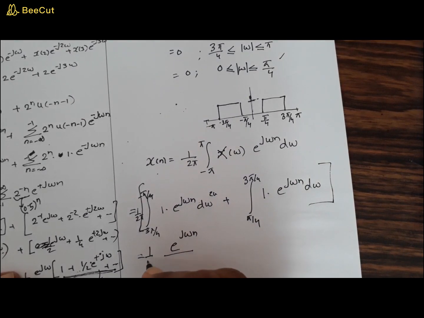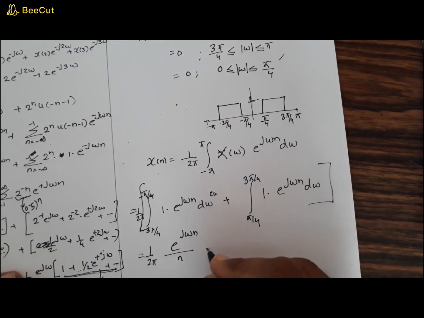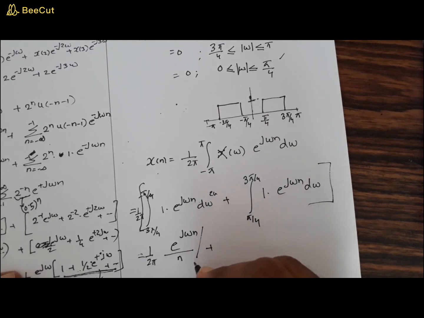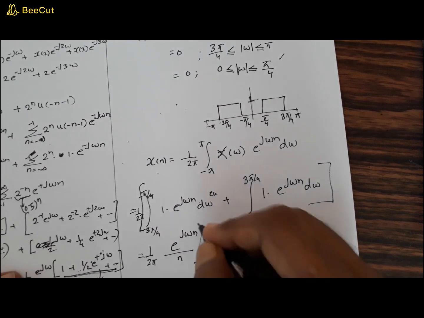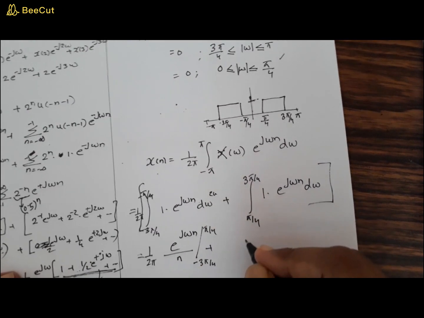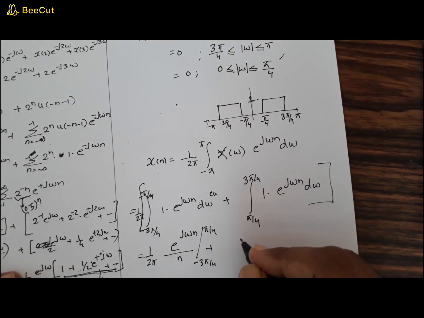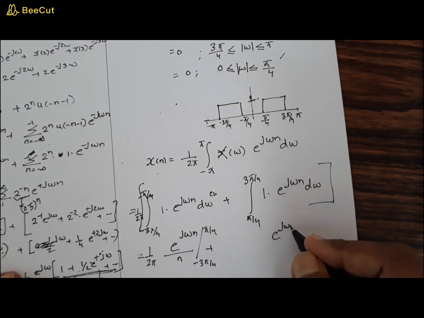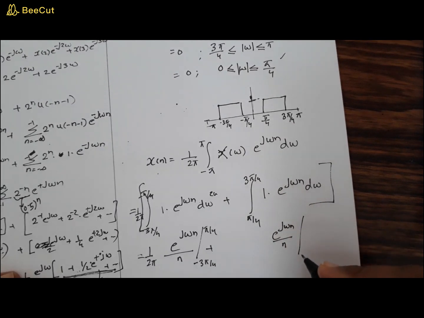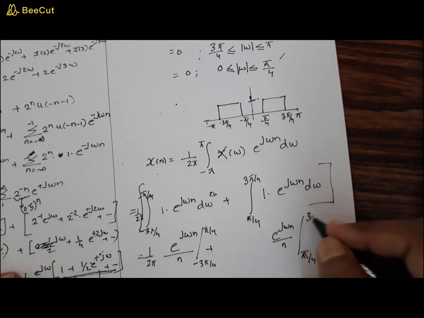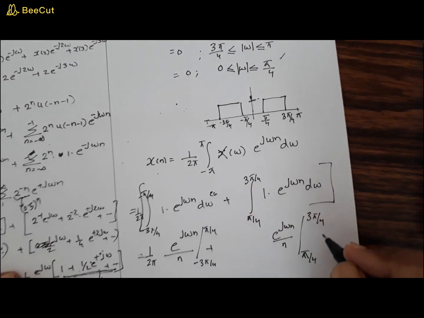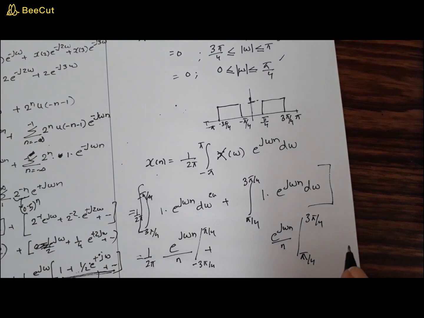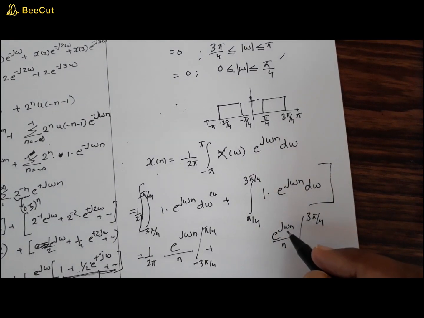So this is 1 by 2 pi into e raised to j omega n by j n, as omega ranges from minus 3 pi by 4 to minus pi by 4, plus again e raised to j omega n by j n, as omega ranges from pi by 4 to 3 pi by 4. Okay, so you can simply make a substitution for this omega.